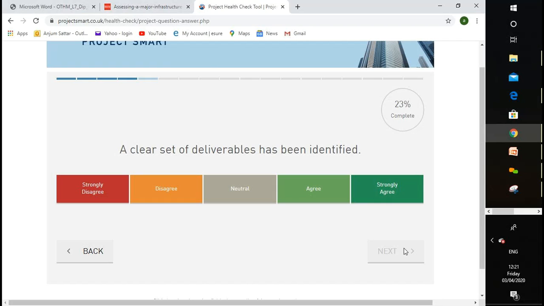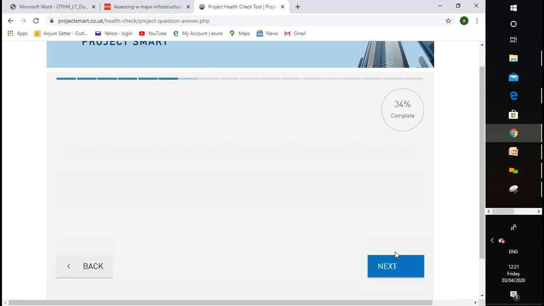Okay, next. A clear set of deliverables has been identified, and when this will be complete. The customer understands and has agreed the scope of the project. The customer understands the new product. For suppose you want to launch a new office. Strongly agree.